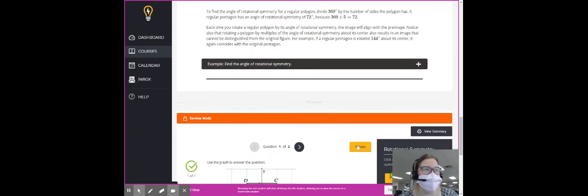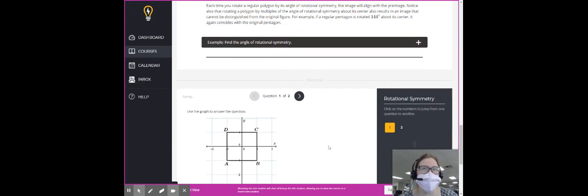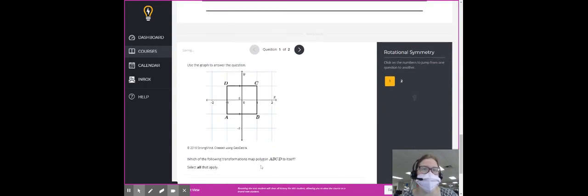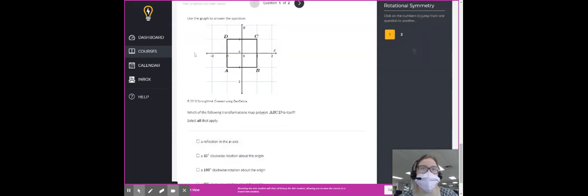So then we come down here to the problems that we're going to do on it. 2 whole problems. Which of the following transformations map this onto itself? So let's see. If I reflected it across the x-axis, folded it right here, yeah, it's going to be the same thing. It's still going to be a square. 45 degrees is like a diagonal, it would put it at a diagonal.